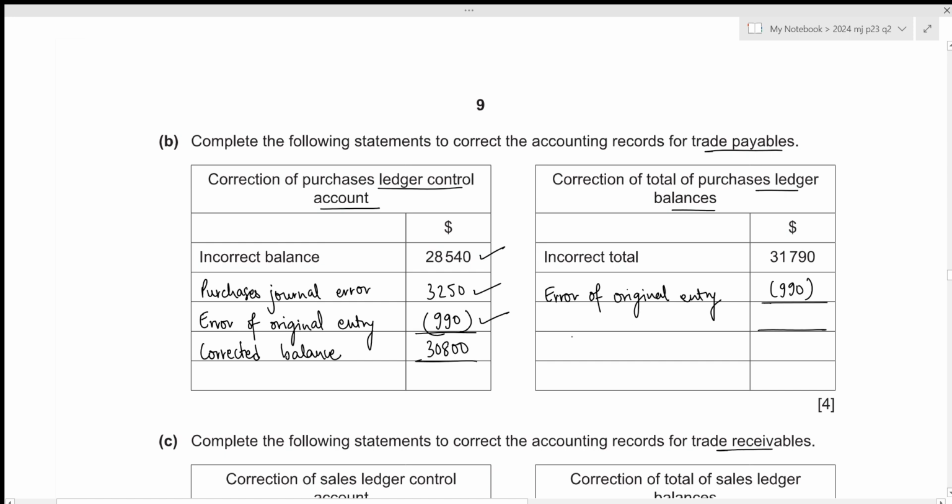And for our total of purchases ledger balances, we will now get the corrected total, which will be 31,790 minus 990, which also results in 30,800. So these two are equal, which means that we have adjusted all of our errors correctly.